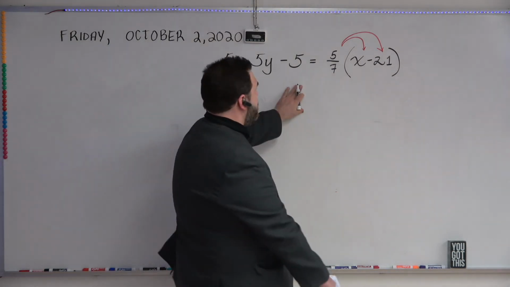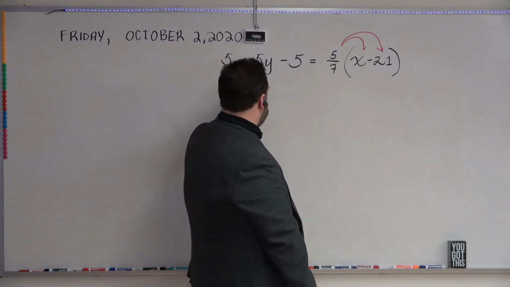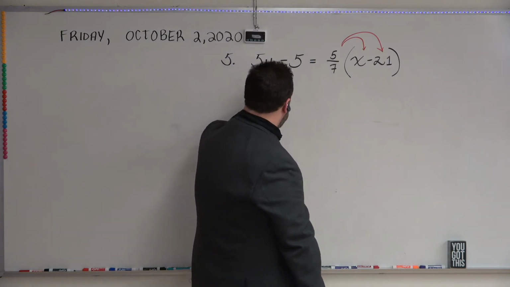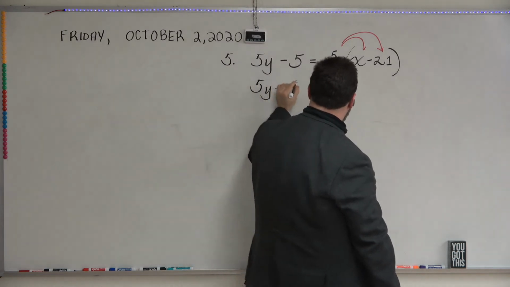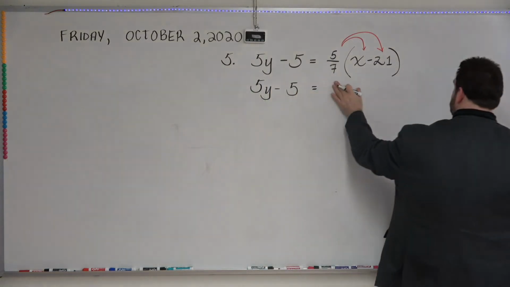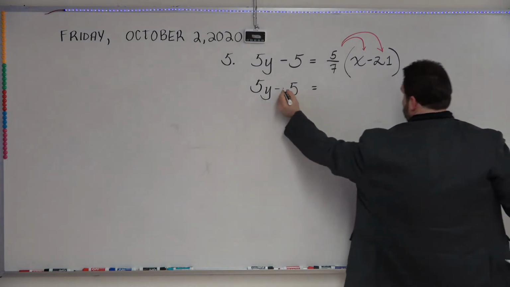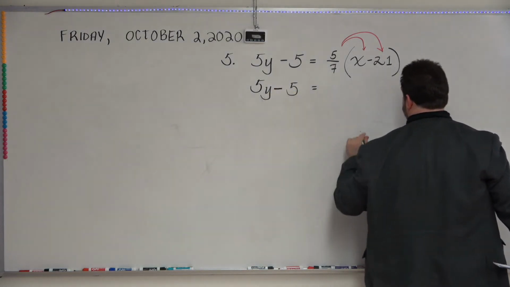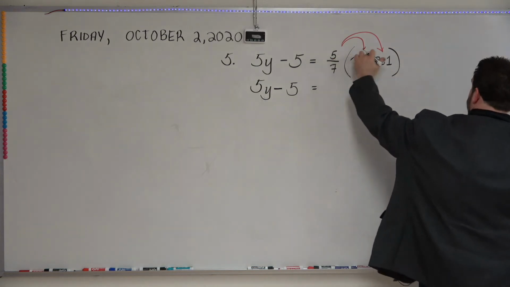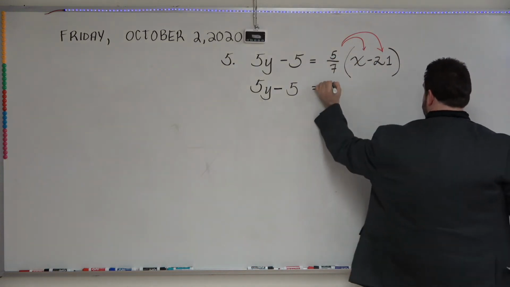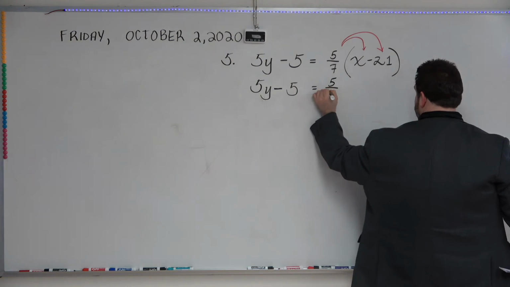Very good. So first I'm going to just rewrite the entire left side because I'm not going to mess with that right now. 5y minus 5 equals, we haven't touched it yet, so right now we're just going to rewrite it. So now 5 over 7 times x is 5 over 7x.